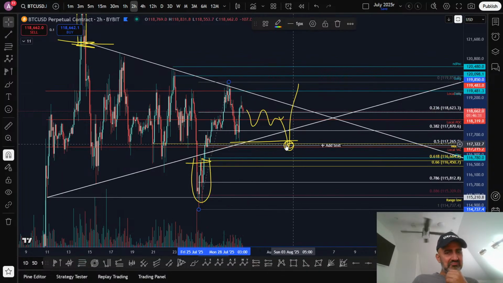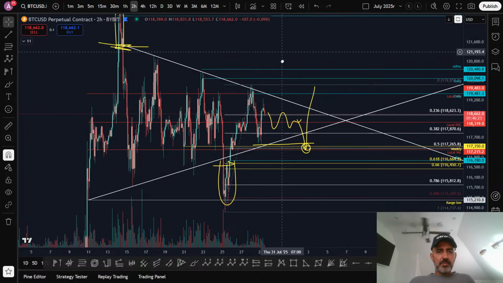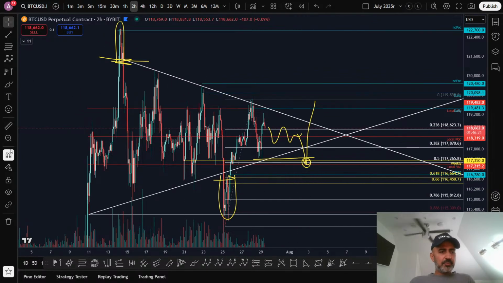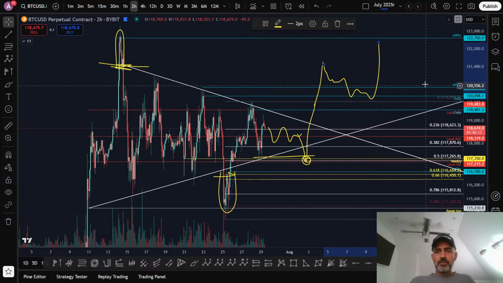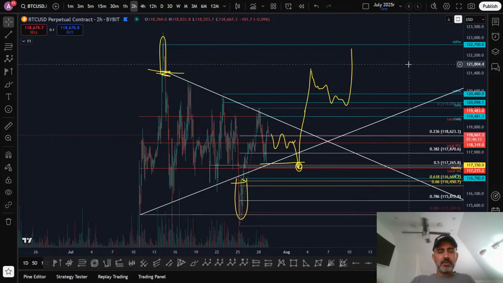50 fib. Yeah, why not? Liquidity grab. Bam. Fake out, break down to the lows. Short, short, short, short. And then squeeze up. And then you'll probably get a little bit of a rocket ship. And then it will probably just continue rallying. Pow, pow, pow. Probably.